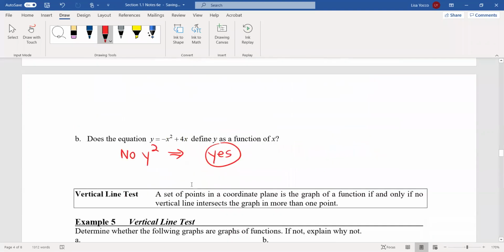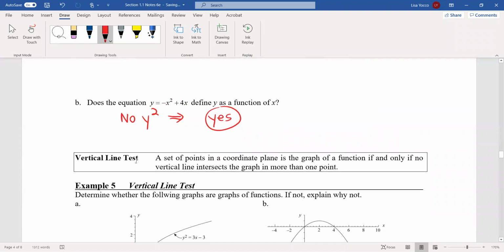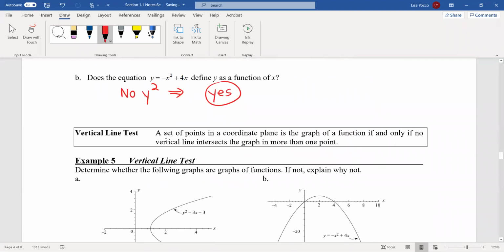All right, now we're going to just take a look at graphs. How do we tell if a graph is a function? This is called the vertical line test. And again, if you remember what I said in the beginning of this section, everything that we look at will be a function. So this is just to get us really familiar with what a function is.